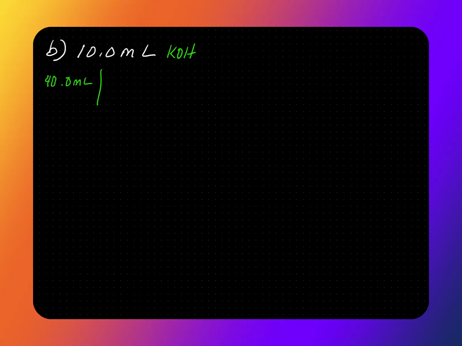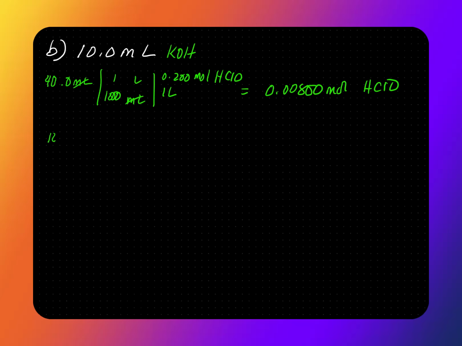Using dimensional analysis, we need to convert the milliliters into liters, 1 liter to 1,000 milliliters. 1 liter has 0.200 moles of HClO. This is equal to 0.00800 moles of the acid. For the base, we have 10 milliliters.